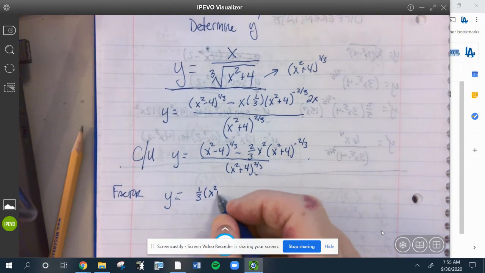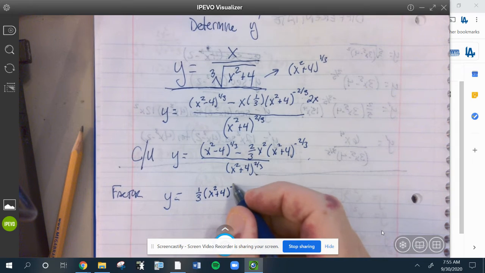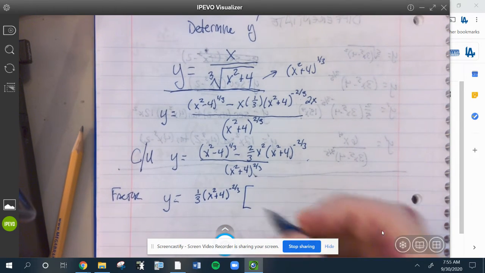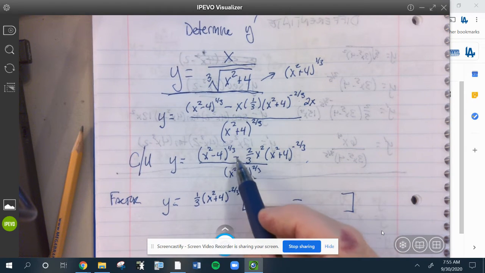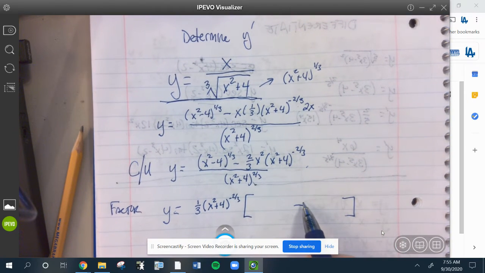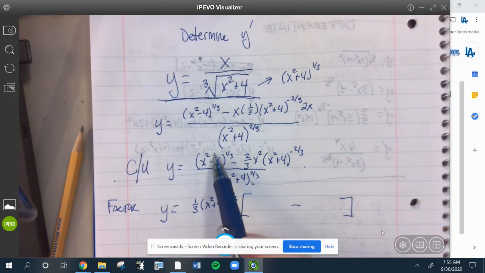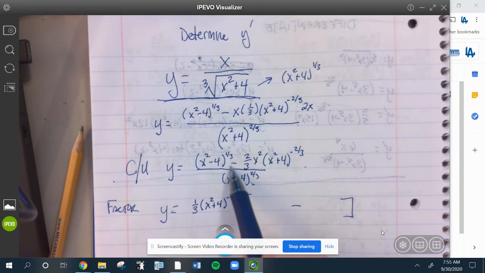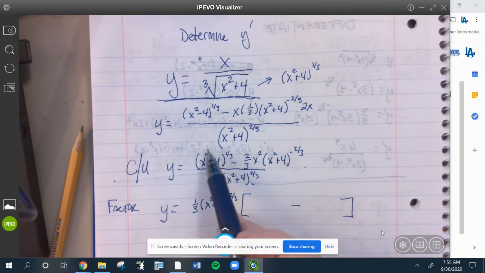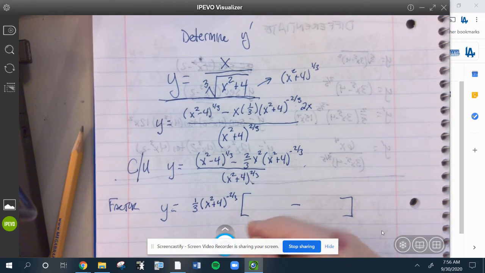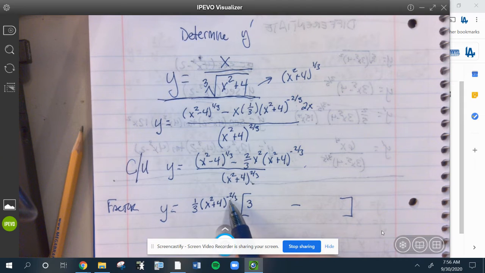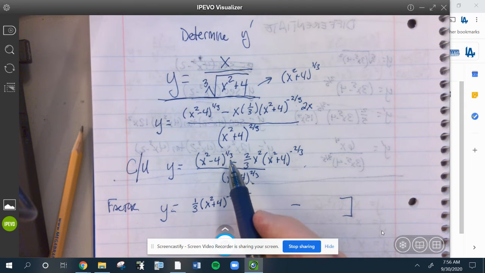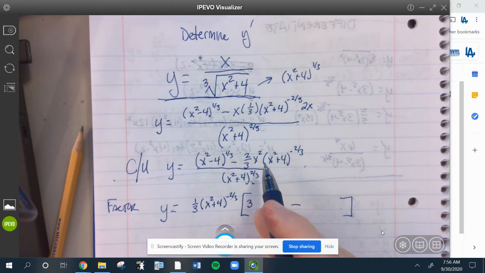x squared plus 4 to the negative 2/3 is the common factor of both of these terms up top. This term and this term. Here's my minus. So when I factor out a 1/3 from this term, since it doesn't have the denominator, I have to multiply it by 3. And factor out negative 2/3 exponent from the 1/3 exponent would be 3/3 or 1.